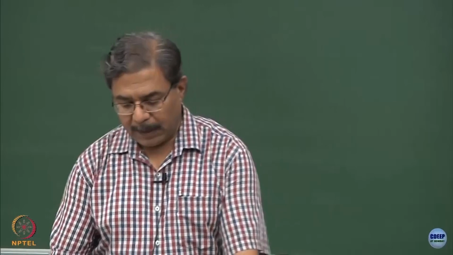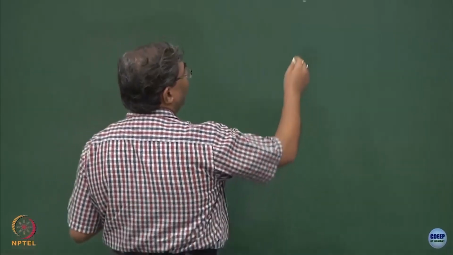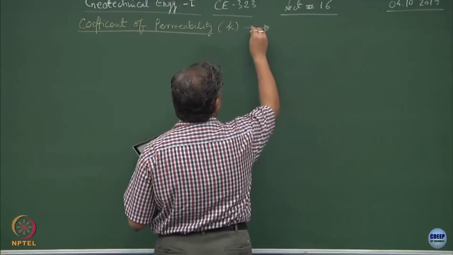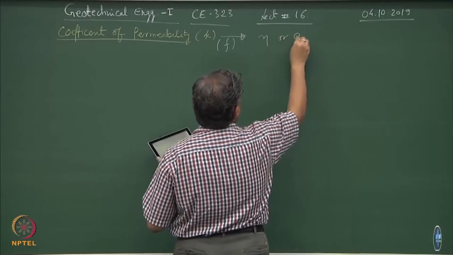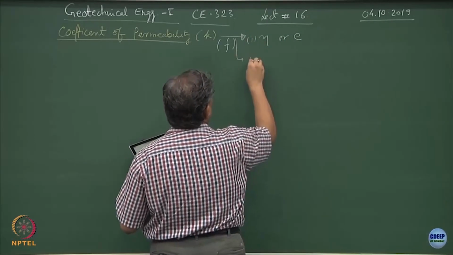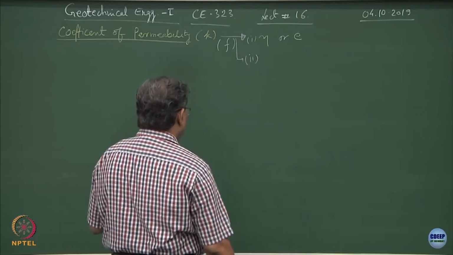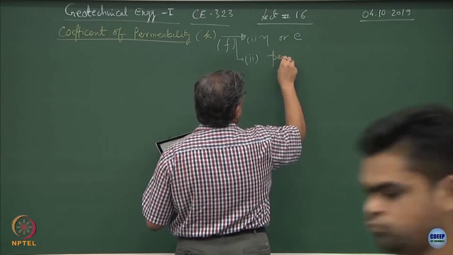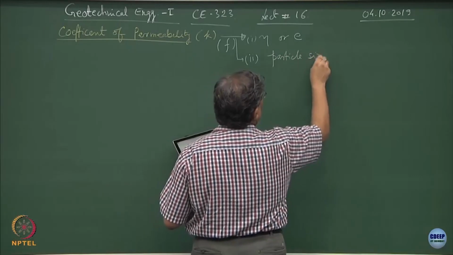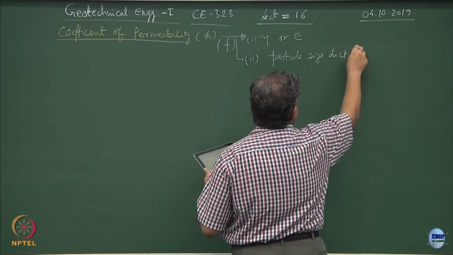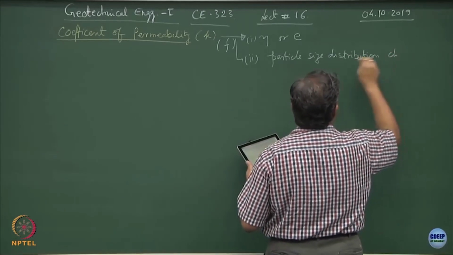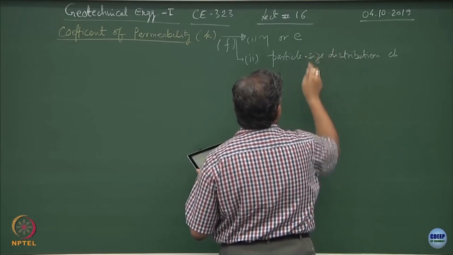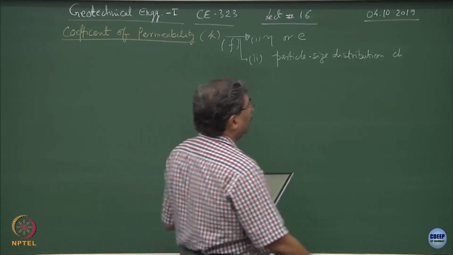So, basically K depends upon several factors, and these factors are the porosity or void ratio, the particle size distribution, characteristics. We have used this concept of D10 and so on.